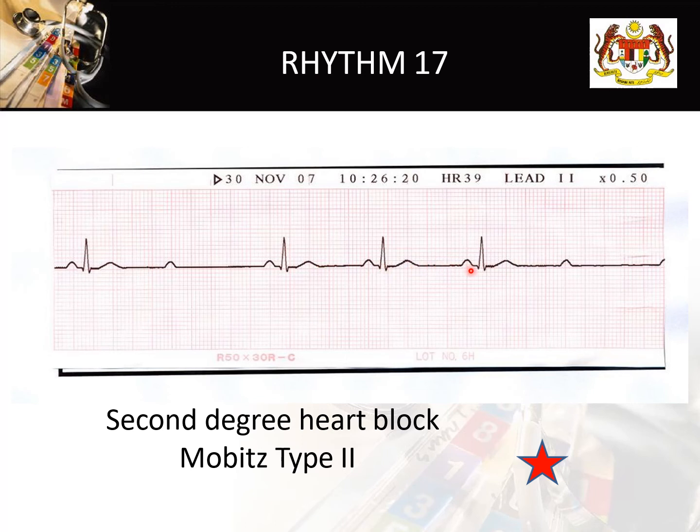Normal PR, but you can see the presence of a P wave that is not followed by a QRS complex. That means there is no conduction to the ventricle, only at the atrium. So the PR interval is normal, and the P wave is not followed by a QRS complex. Okay, this is Mobitz Type 2 second degree heart block.